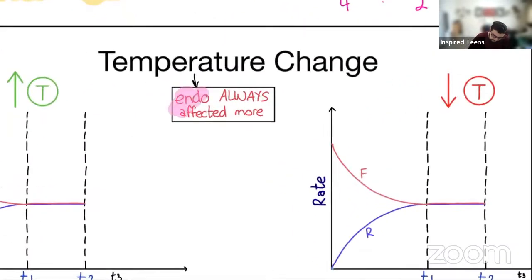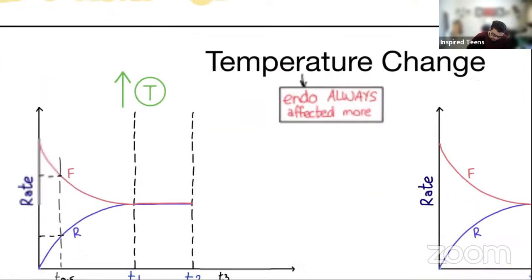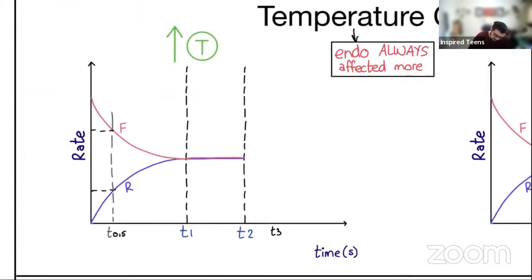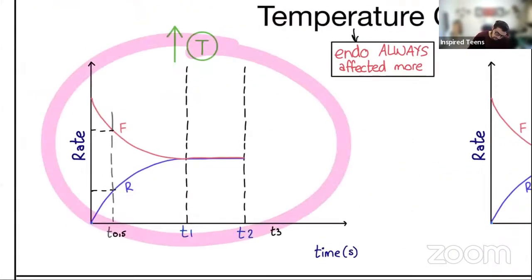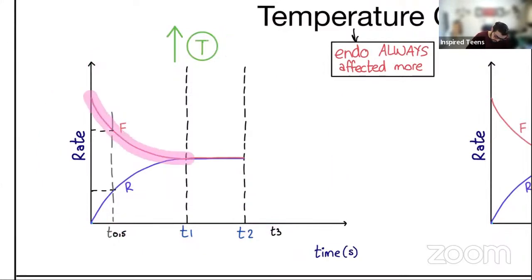So we have a temperature change. When there's a temperature change, we need to always remember endo is affected more. So remember, we have the rate versus time graph. Here we have the rate of the forward and the rate of the reverse meeting in the middle to become the same value of rate. So we remember we start off with a high rate of the forward reaction because there's a high concentration of reactants.